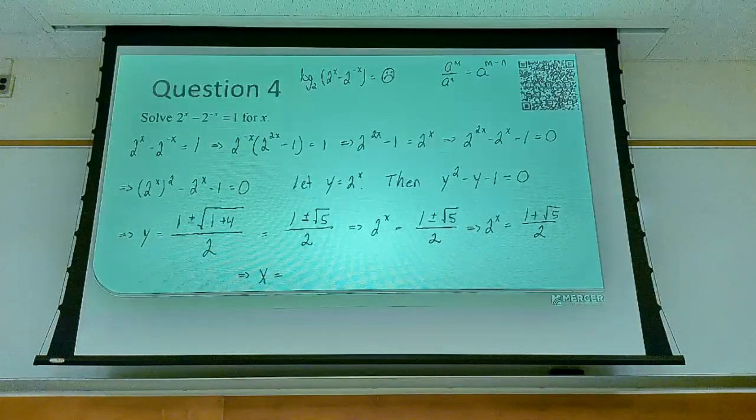Now you have an exponential function equals a number, so you just take a log of both sides. Why not take log base 2? That would be our solution.